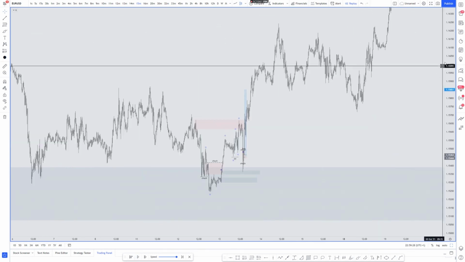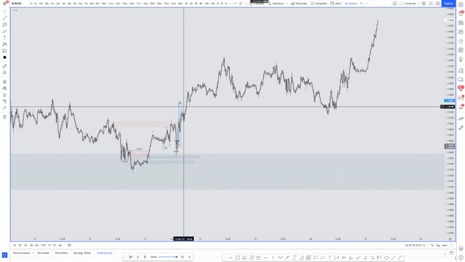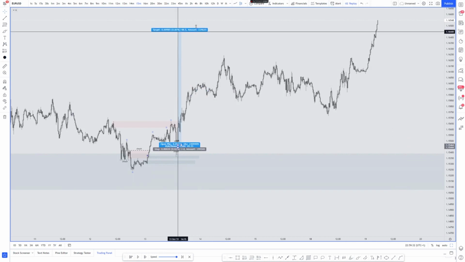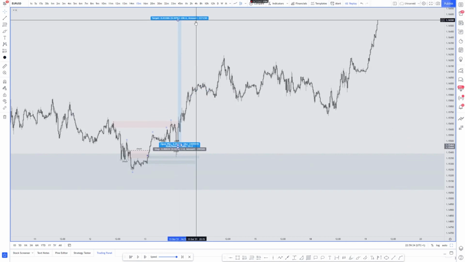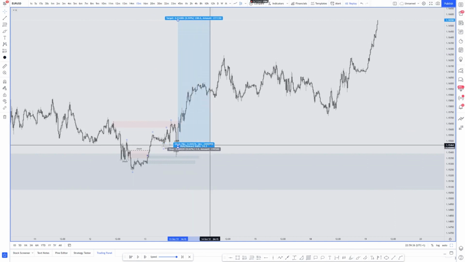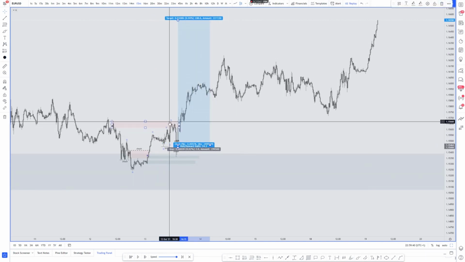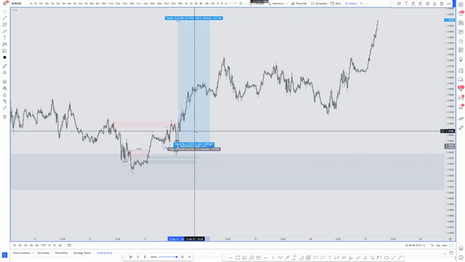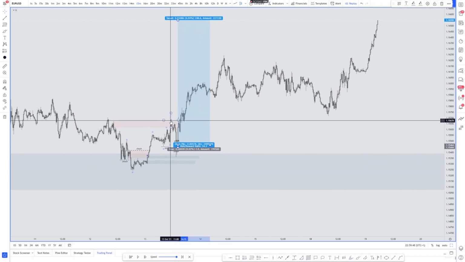So imagine that you did leave 20 or 30% on, and this did carry on out. So this trade is at 54R. If you had left just 20% of your trade on after you paid yourself 80% at 10R, which is an 8R. So if this was risking 1% and you closed 80% at the top here, you would have paid yourself 8%.